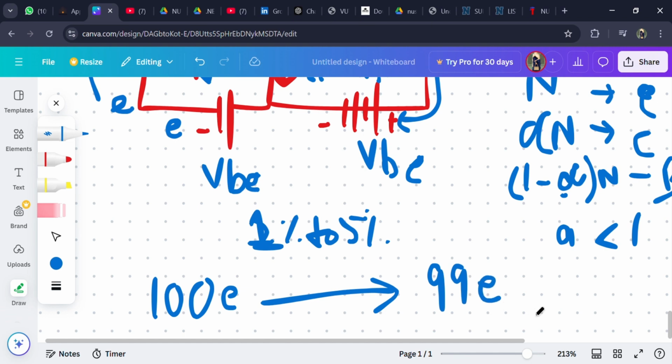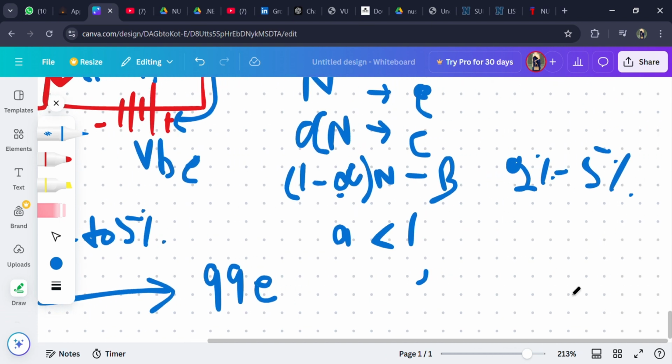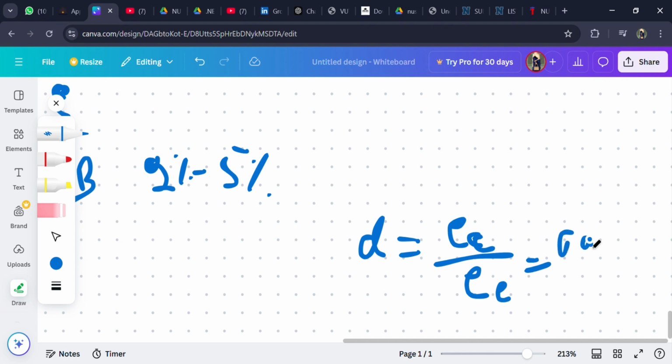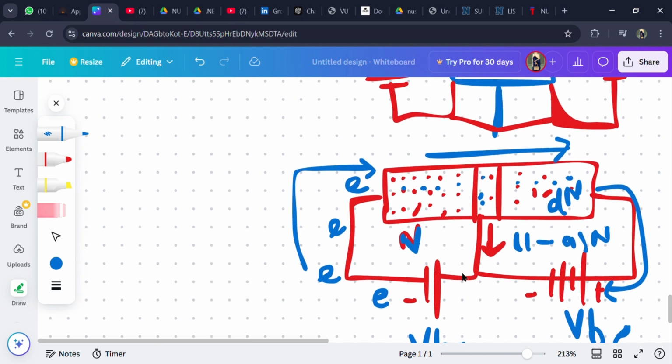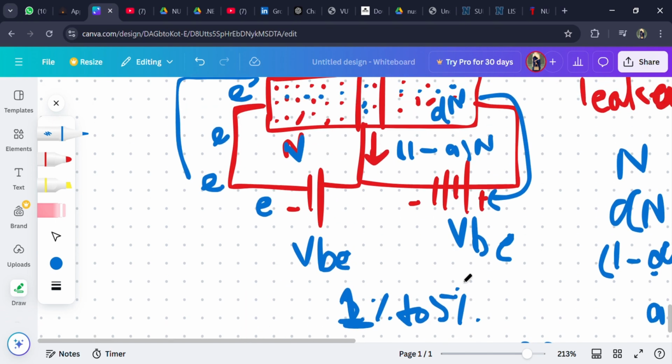Alpha is considered as the electrons in the collector divided by the electrons in the emitter. So 99 divided by 100 is 0.99. So this is less than 1. That's how we get the concept of alpha.